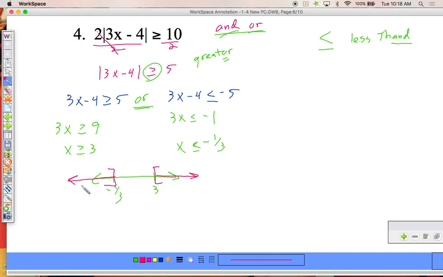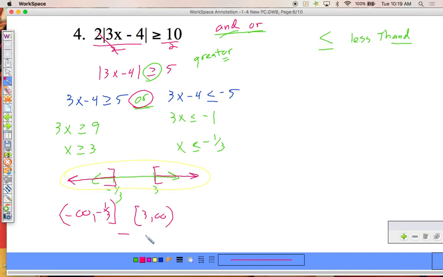All right, this is the same lesson I taught in Algebra 2. The idea is if it's an or statement, I need all the answers I can get. An or statement, I want all of this. So I'm going to write 2 inequalities. I'm going to go from -infinity to -1/3, parentheses, bracket, then bracket 3 to infinity.